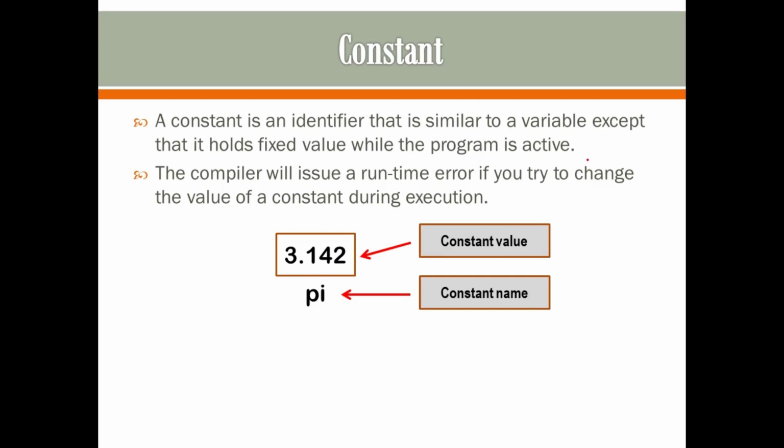It means that while the program executes, it holds the fixed value. For example, pi can hold the fixed constant value 3.142, or you can choose another variable that holds a constant value.